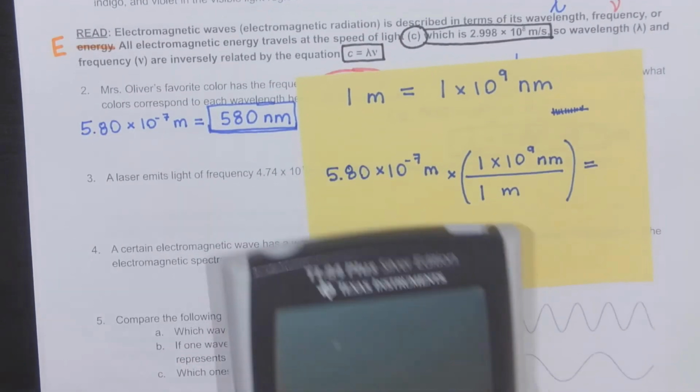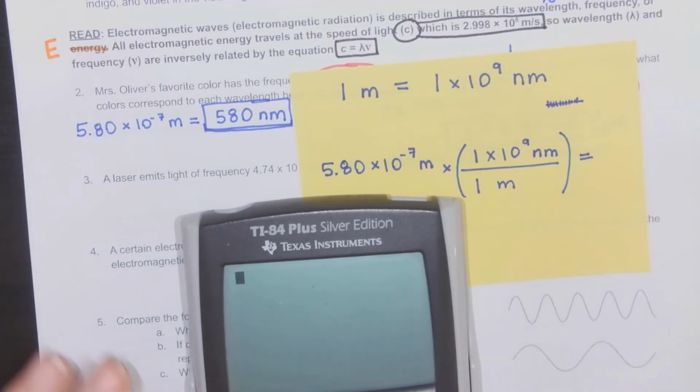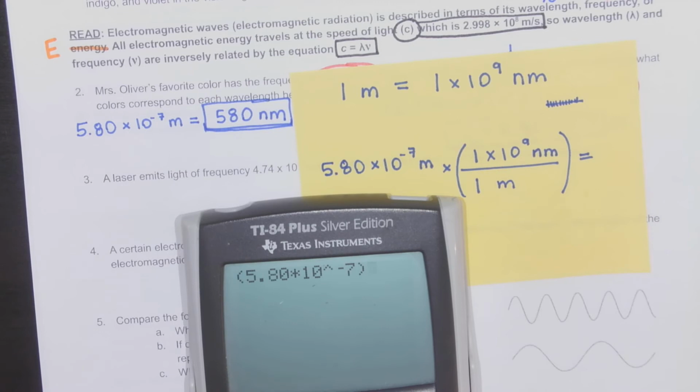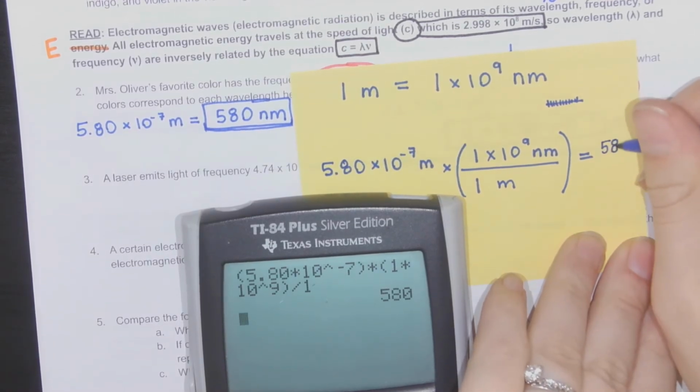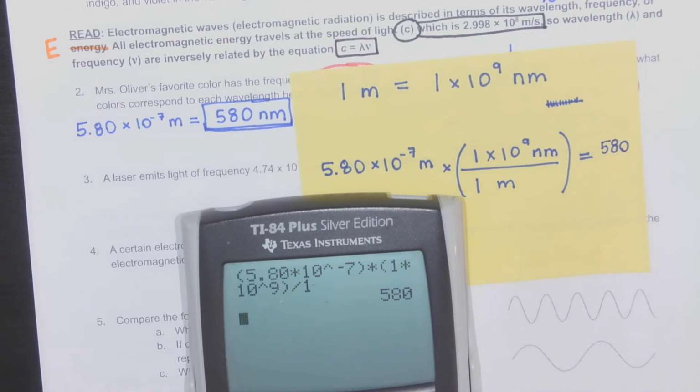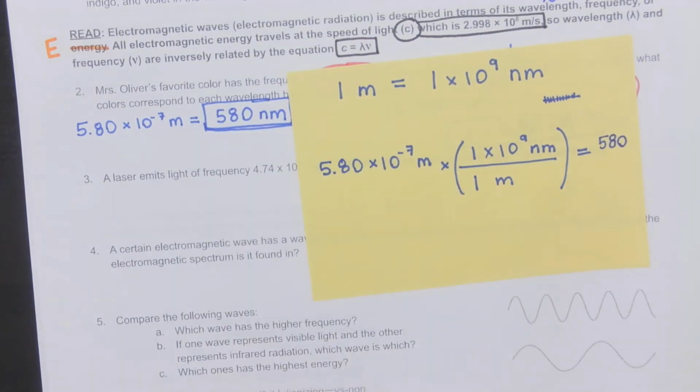Punching this in the calculator: 5.80 times 10 to the negative 7 times 1 times 10 to the 9th divided by 1 equals 580. The way that I do it is a little bit of a cheater way.